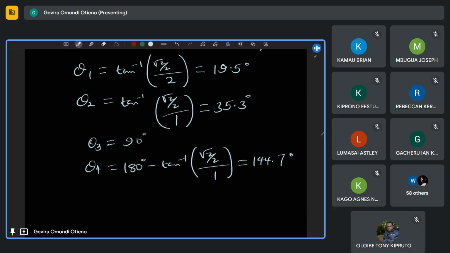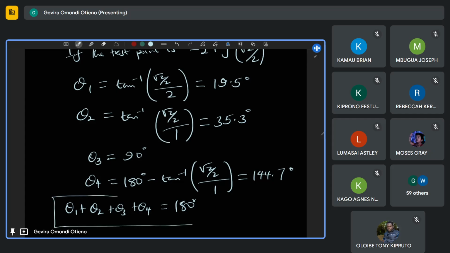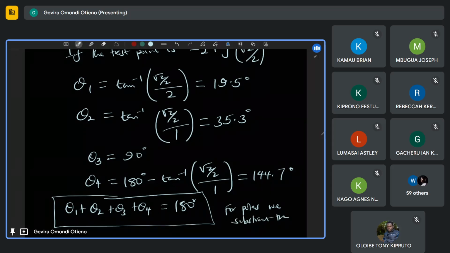Okay? So therefore, if you add theta 1 plus theta 2 plus theta 3 plus theta 4, I should get 180 degrees. That is what the rule is. However, remember, when I say you add, if the angles are for poles, we subtract the angles, because they're in the denominator.